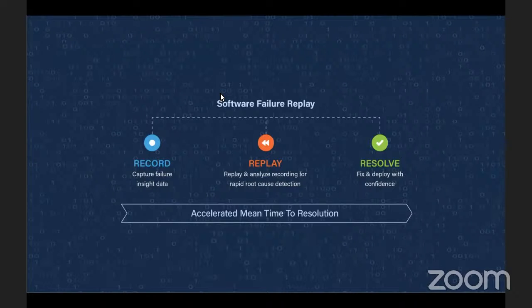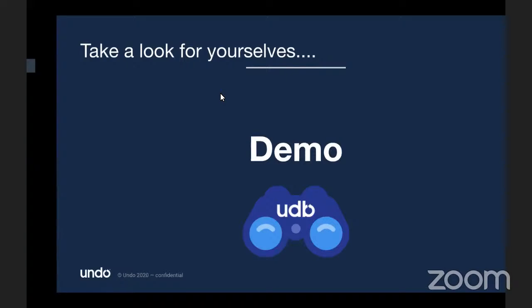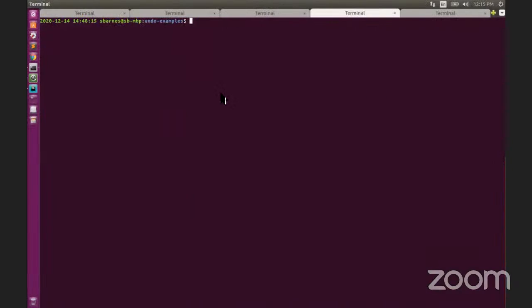So I have a demo that I can show you, and you can see this actually in action. This is a relatively short demo, and it's going to take a very simple problem, but it's useful to show you this just so you can see the type of strategy or workflow that Undo's technology helps you implement.